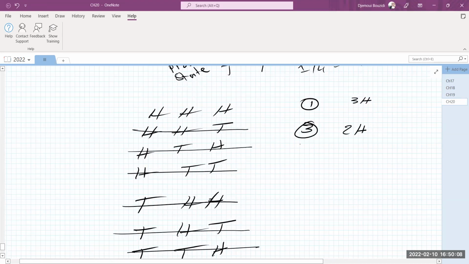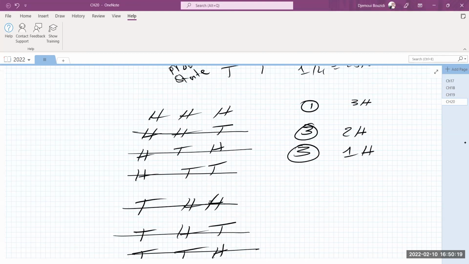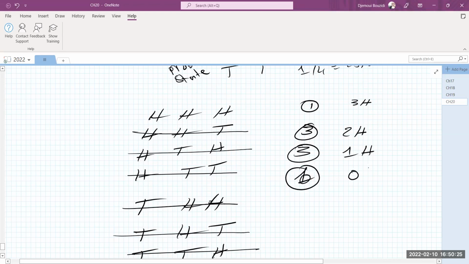So there are also 3 cases where I can have 1 head. And there is 1 state where I can have 0 heads. The total of this is 1 plus 3 plus 3 plus 1, that's 8.